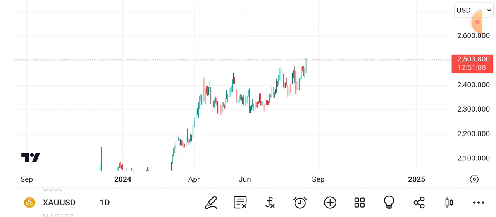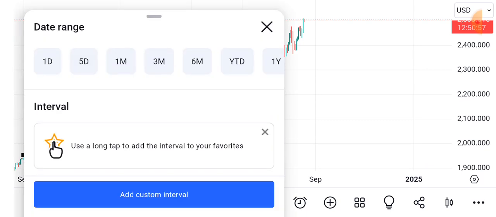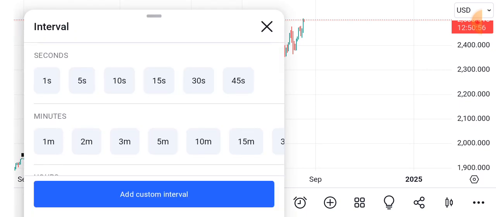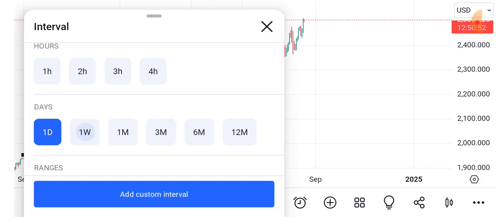Let's start on weekly time frame, because I don't really see the direction. Weekly.